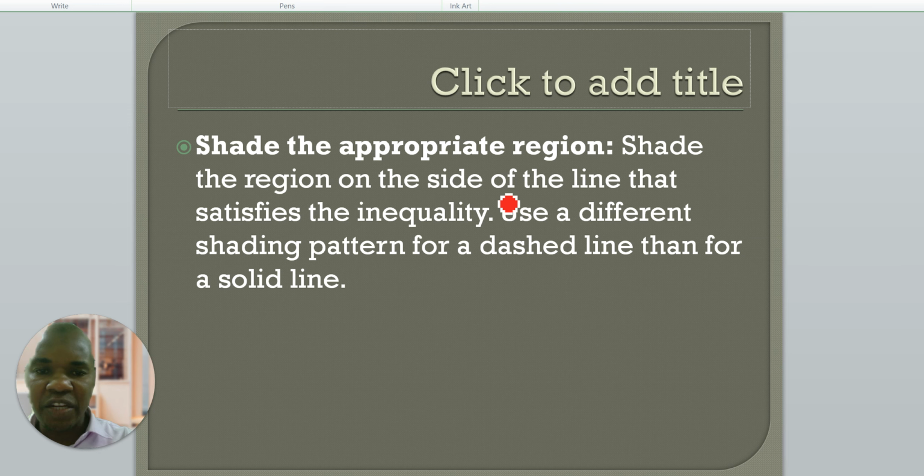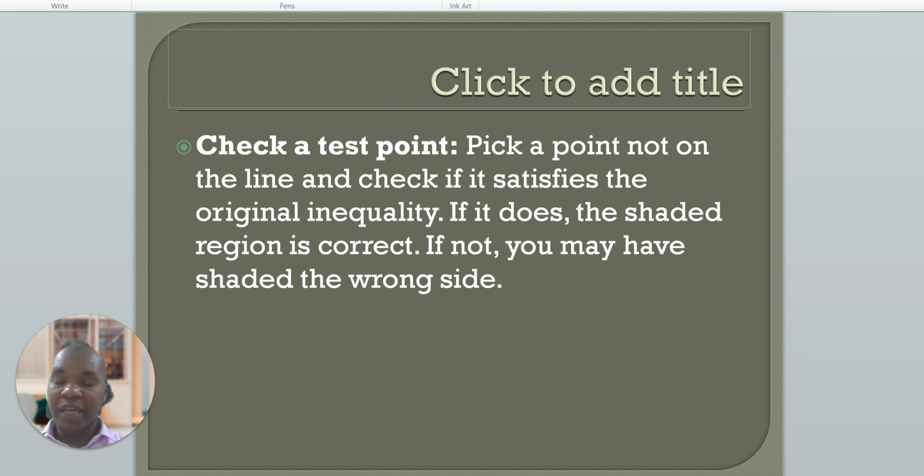Use a different shading pattern for a dashed line than for a solid line. So I think these two important points have to be noted: that you shade the region on the side of the line that satisfies the inequality, but also you use a different shading pattern for a dashed line than for a solid line, dear students. And the last point, you are going to check a test point.